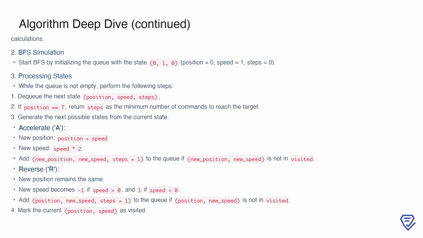The second is the result of the R command, where the position remains unchanged, but the speed is set to -1 if the car was moving forward, or 1 if it was moving backward. These new states are added to the queue only if they haven't been visited before, ensuring we avoid redundant calculations. After processing a state, we mark its position and speed as visited.